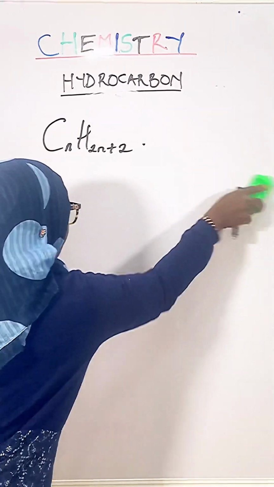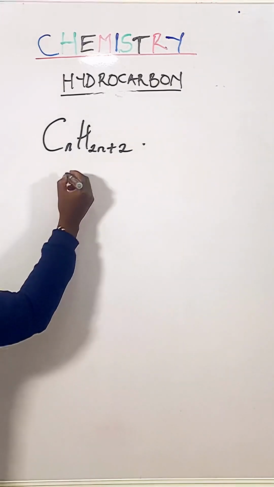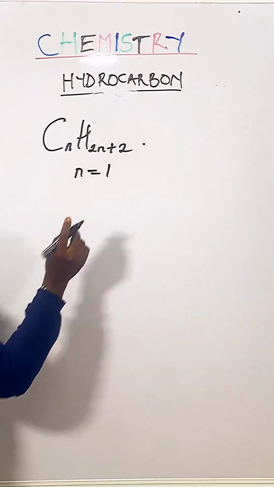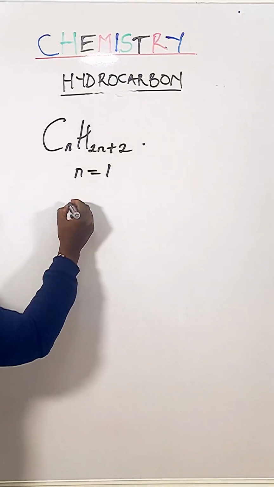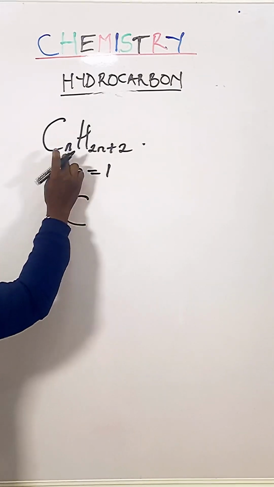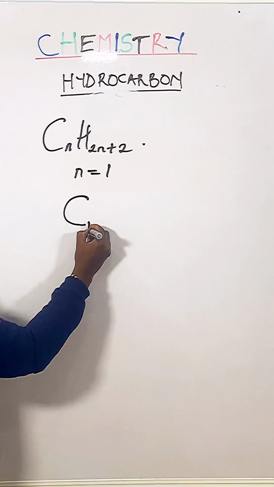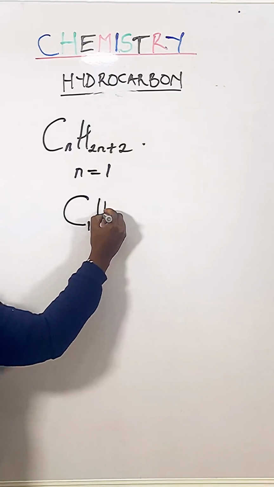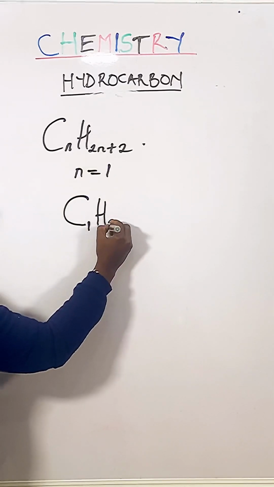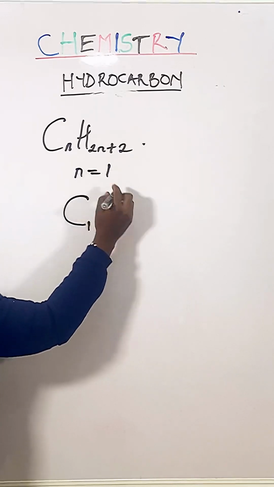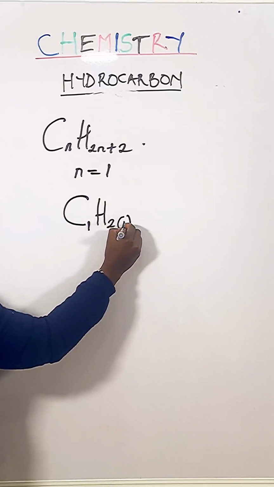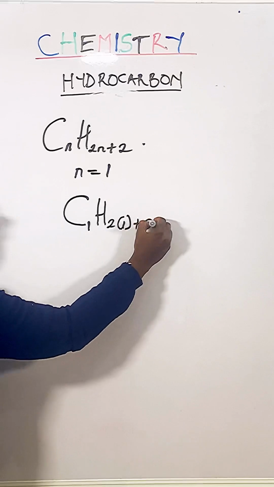Let's say when our n is 1. If n equals 1, let's quickly do a little mathematics here. It's going to be C n, right? Where we have n, we put 1. We write our H, where we have 2n, we put 2, open a bracket, put our 1 again in place of n, then plus another 2.